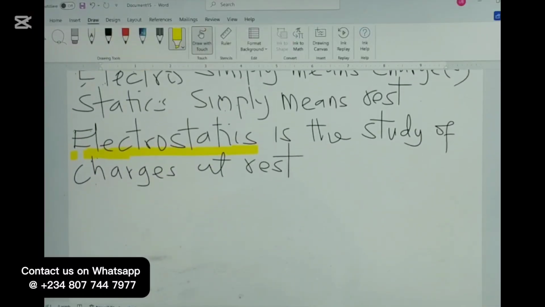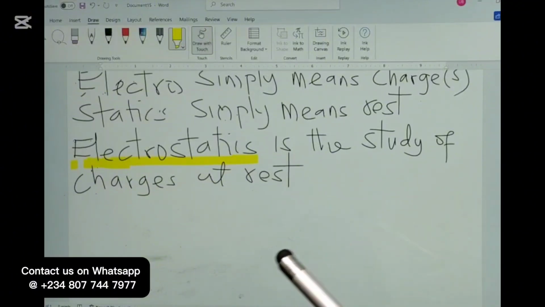So what is electrostatic force? That is the force between two charges.